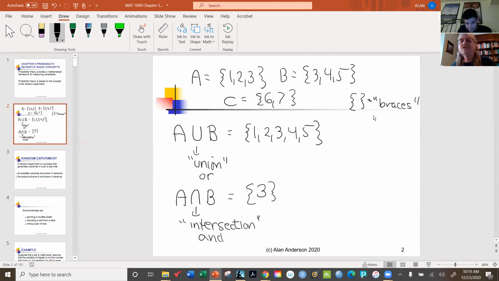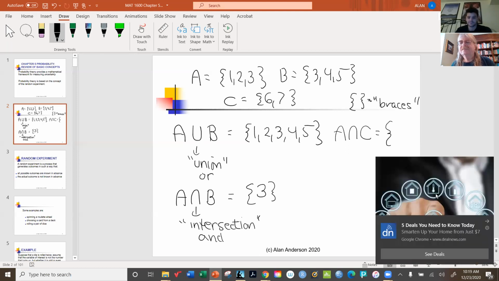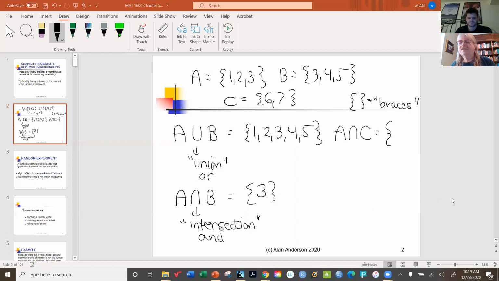But anyway, now let's look at this other special case though. What if I'm doing A and C? Uh-oh, what's going on here? What elements do A and C have in common? Oh, these ads, for God's sake.